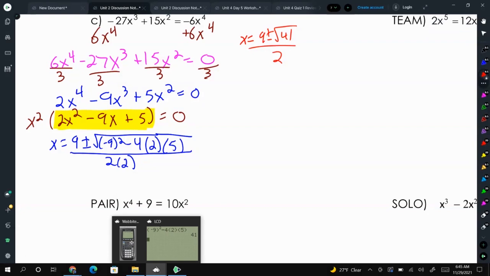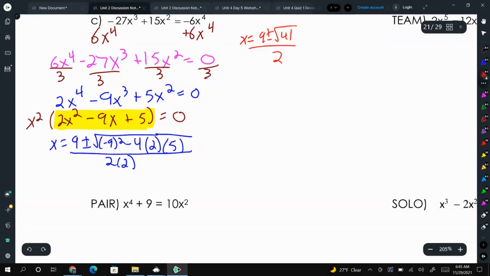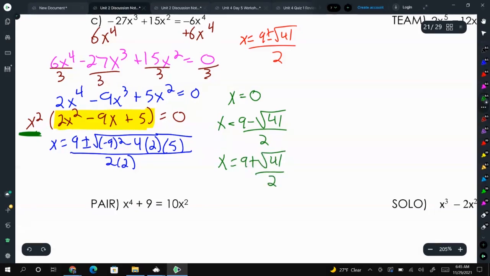Now, can we simplify that in any way? Well, the square root of 41 can't be broken down, so we're done there. And we can't divide anything out, so those are my two solutions. We also have to worry about this x squared, so my solutions are going to be x equals 0, x equals 9 minus the square root of 41 over 2, and x equals 9 plus the square root of 41 over 2.